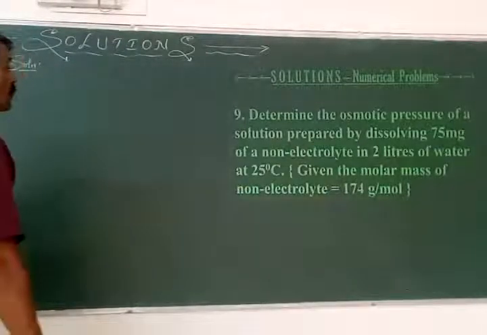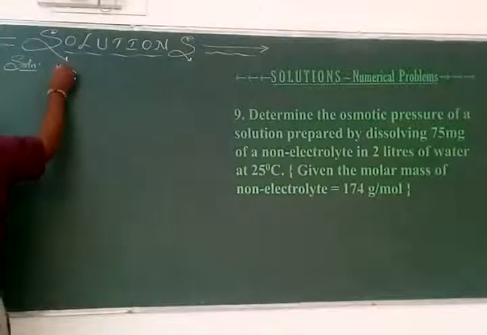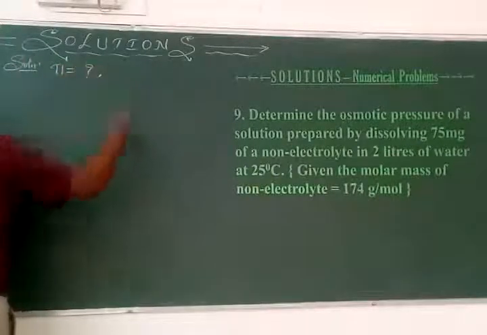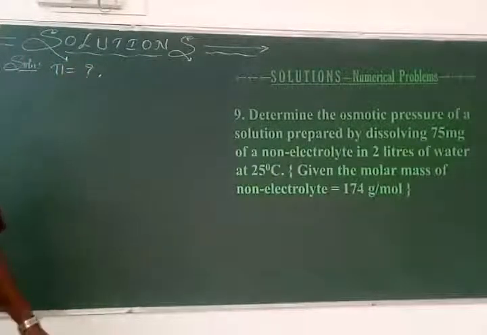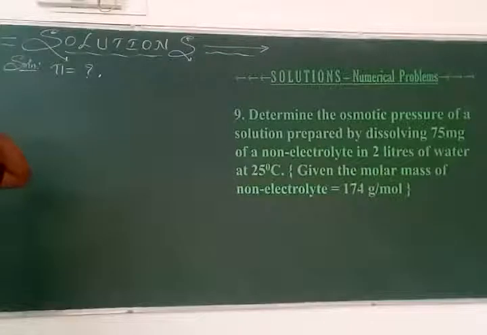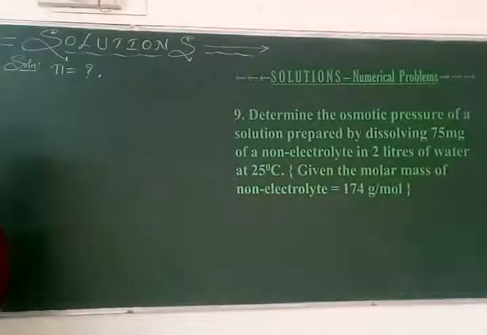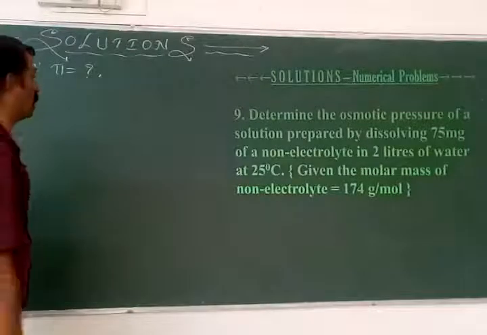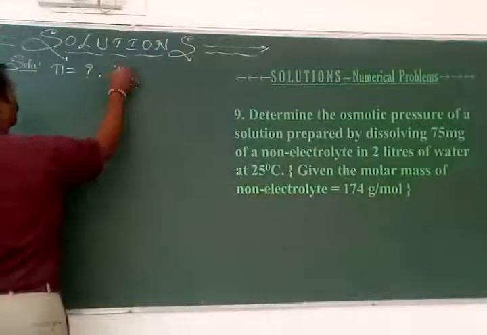Okay. So here we have to find out pi. What is pi here? Osmotic pressure. Prepared by dissolving how much of the non-electrolyte? 75 milligrams of a non-electrolyte, which is the solute here.